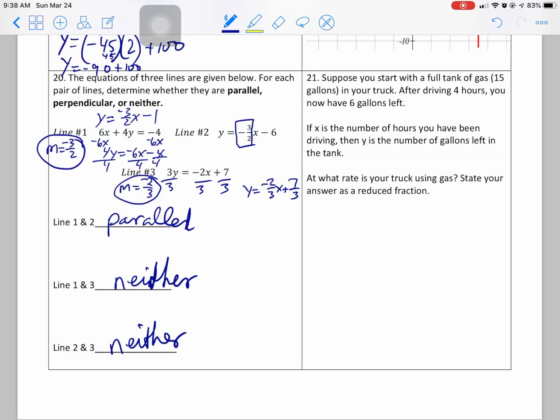Okay? All right, 21, suppose you had a full gas tank, 15 gallons, in your truck. That sounds like a start, doesn't it?